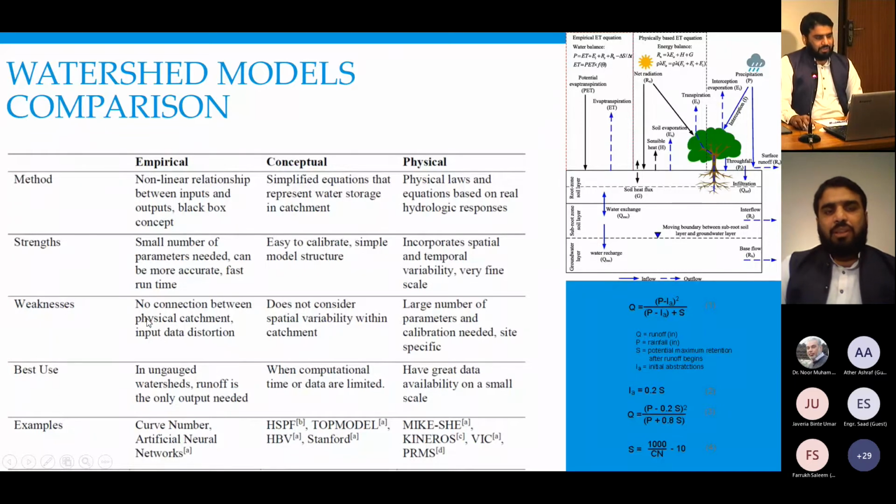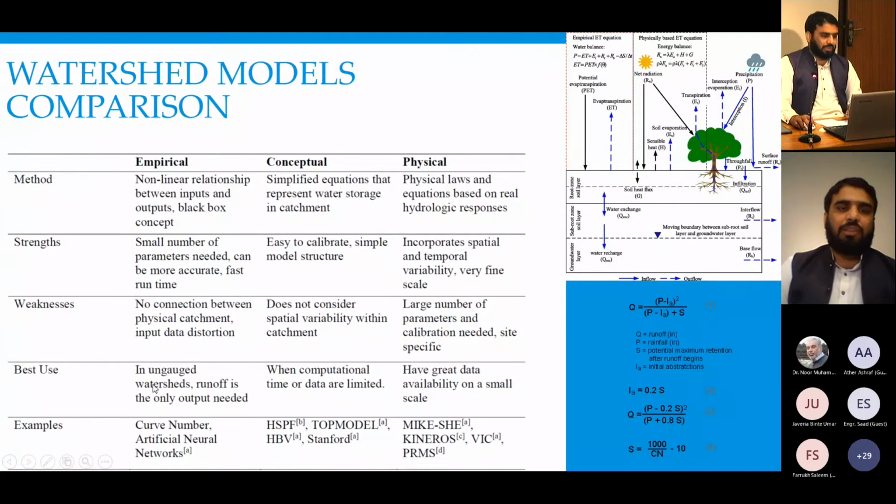The weakness of the empirical is that it has no connection, as I discussed, between the physical catchment input and the data, whereas physical models have a large number of parameters needed to be incorporated before performing the simulations. Whereas conceptual models do not consider spatial variability within the catchment.